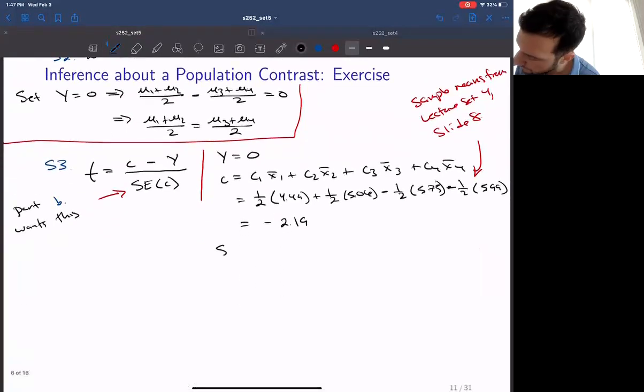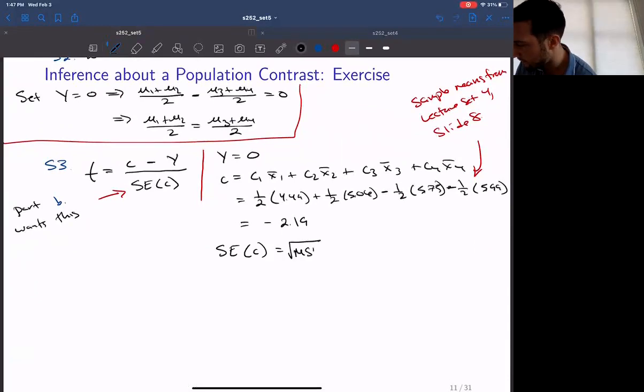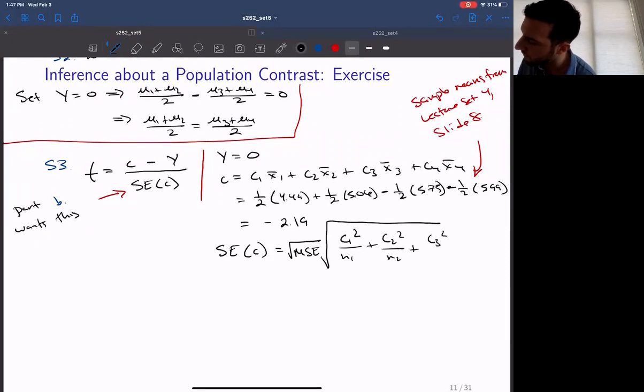Then we have the standard error of C. That's going to be the square root of MSE multiplied by the square root of C1 squared over N1 plus C2 squared over N2 plus C3 squared over N3 plus C4 squared over N4.